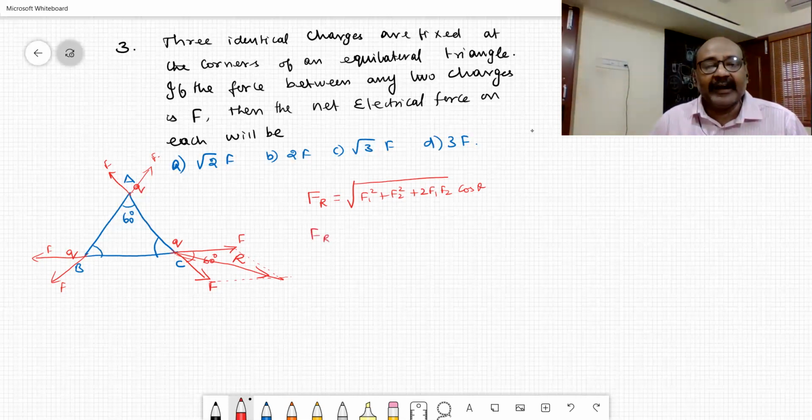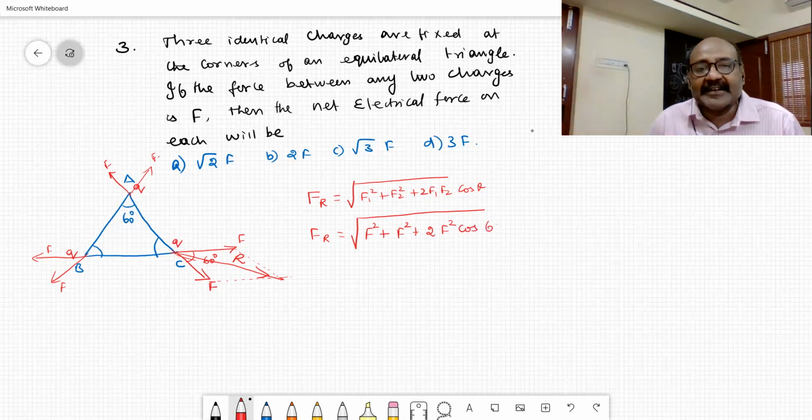So Fr equals root of, what is the value of F1? It is F. So F square plus another F square plus 2 into F into F, which is F square, into cos of the angle between the two forces, which is 60 degrees.